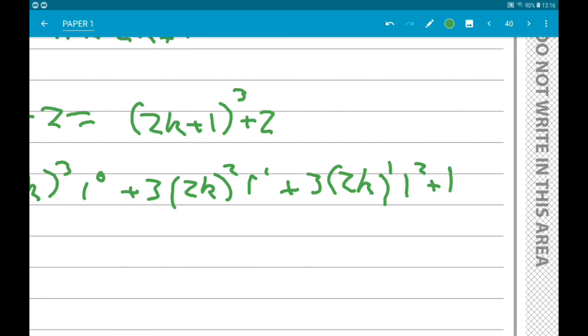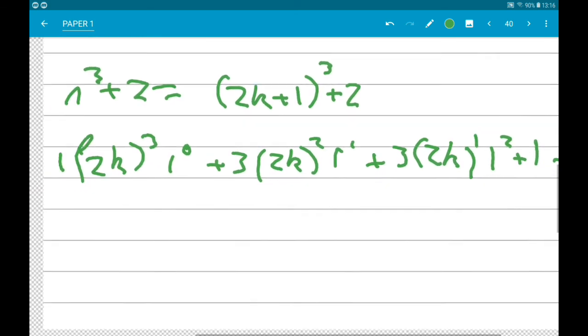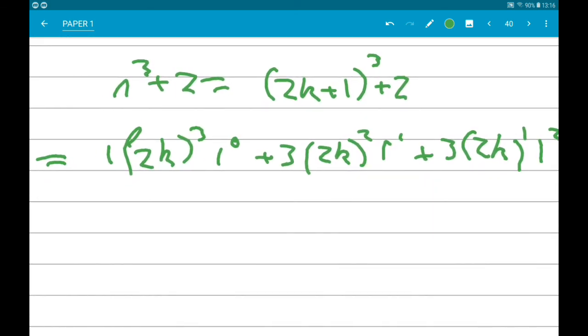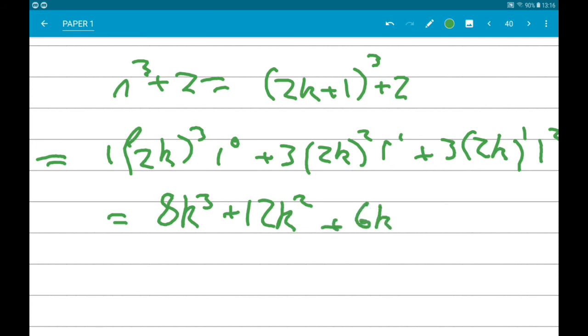And then we've also got plus 2. So, we have got 8k cubed add 3 lots of 4k squared, so 12k squared, add 3 lots of 2k, so 6k, add 3.